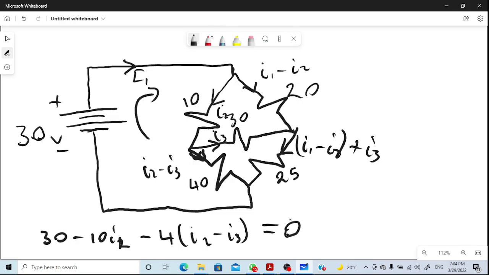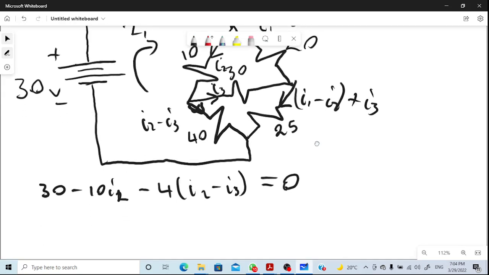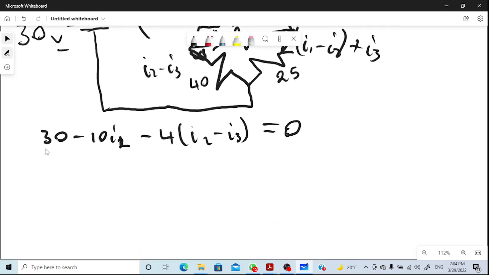Now let us simplify it, group the like terms and simplify. I'm gonna take everything to the other side, or just open this bracket. This is 40, not 4, because of this resistor.